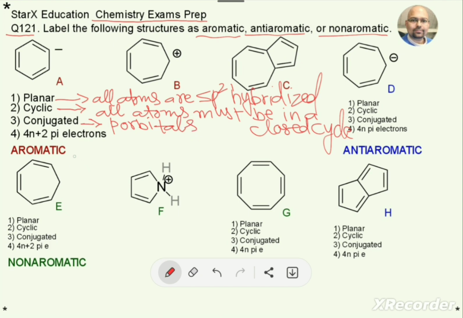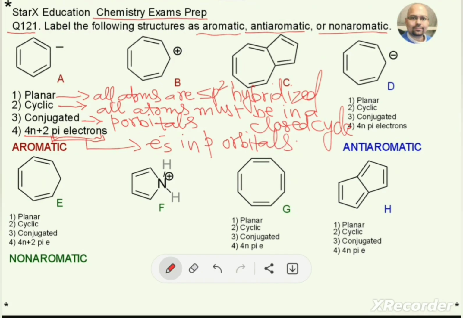Now the last condition is that there must be 4n plus 2 pi electrons. Now what are pi electrons? The pi electrons are the electrons that are in p orbitals. Let's quickly talk about n in this formula.